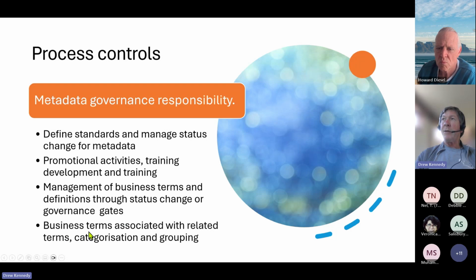We looked earlier at the business term and the glossary, and then the catalog, and then through to the dictionaries, and it would include things like your categorization. Is this financial data, and hence these are the requirements around retention? Is it people data, and hence here are the requirements around privacy? So all of that would be the governance responsibility to ensure that that stuff is done.